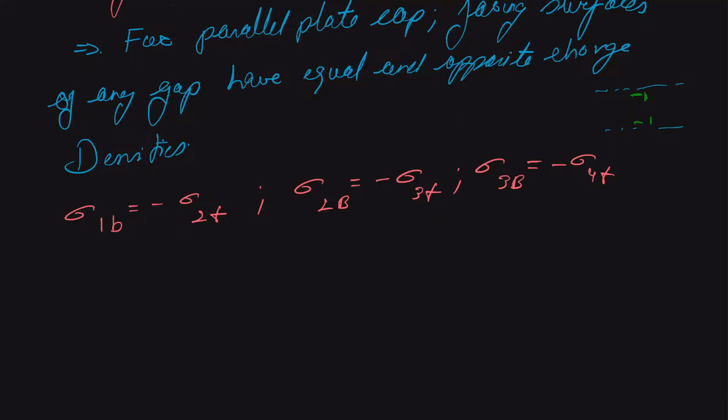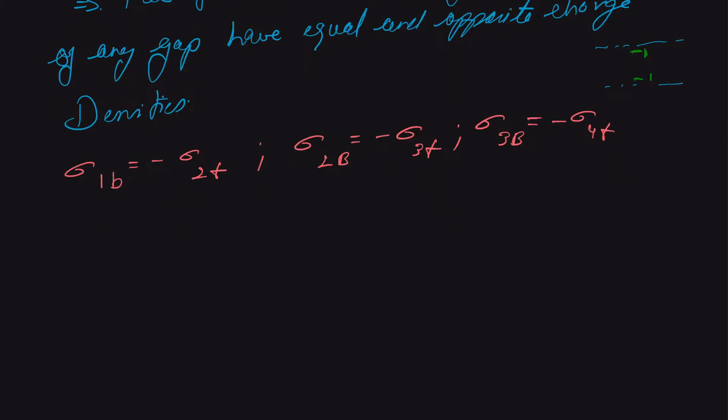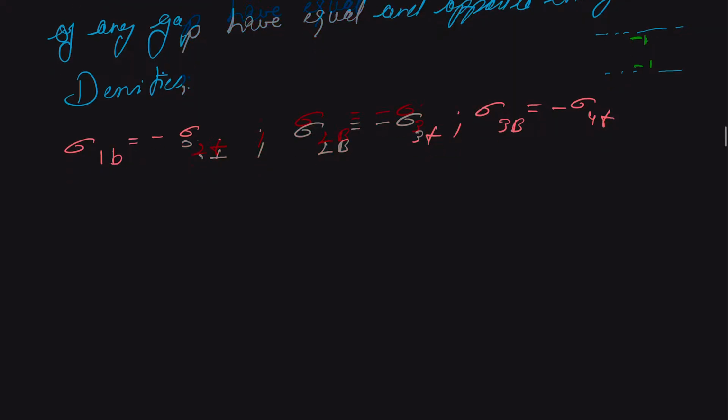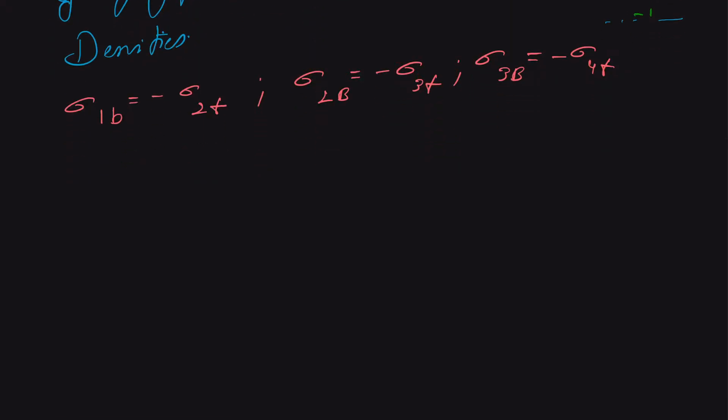equal and opposite. But we are also given that plates 1 and 2 have a net charge of Q1, and plates 3 and 4 have a net charge of Q2. Okay. So we are going to use this charge constraint because the net charge is conserved. So the top plates 1 and 2 will always have Q1, and the bottom plates 3 and 4 will always have a total charge of Q2.